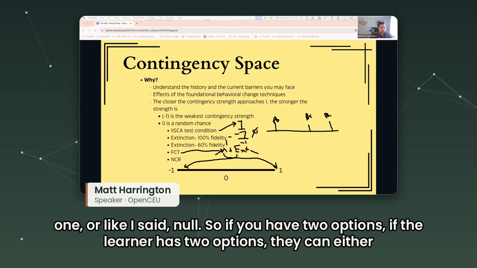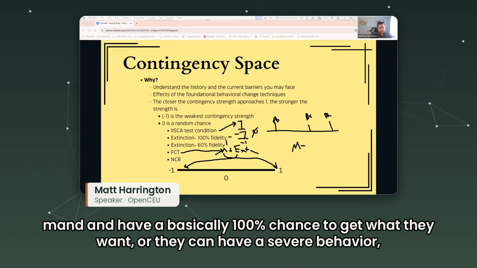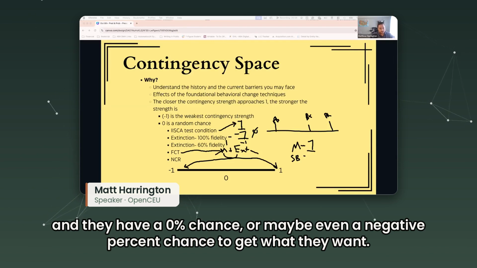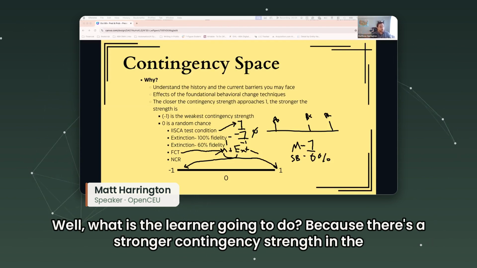or like I said, null. So if you have 2 options, if the learner has 2 options, they can either mand and have a basically 100% chance to get what they want, or they can have a severe behavior and they have a 0% chance, or maybe even a -% chance to get what they want. Well, what is the learner going to do?